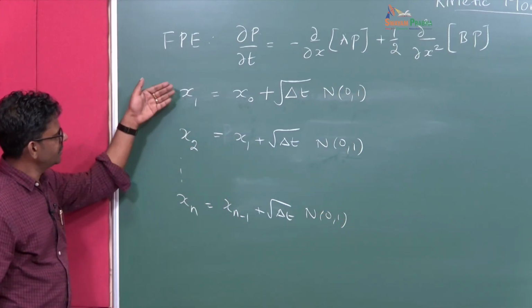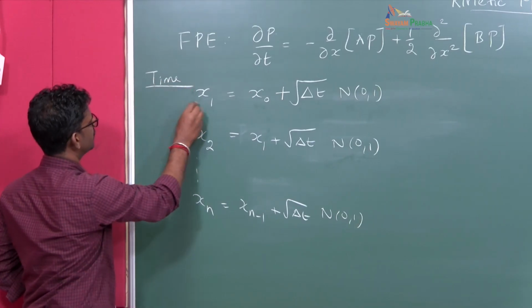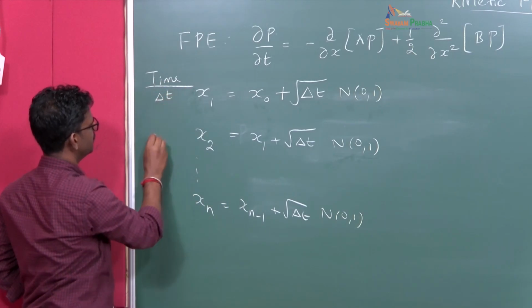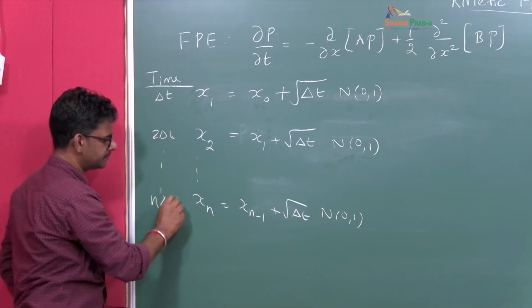So, by producing this x1, x2, all the way up to xn as a function of time, this is for delta t, 2 delta t, and this is n delta t. So, if I write time here, this corresponds to delta t, 2 delta t, all the way up to n times delta t. Okay.